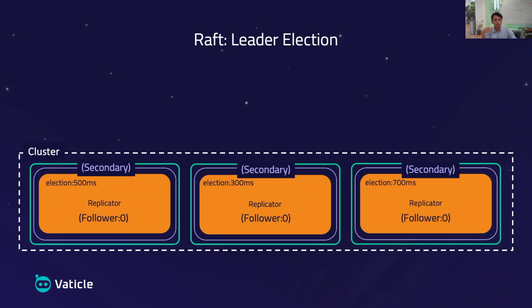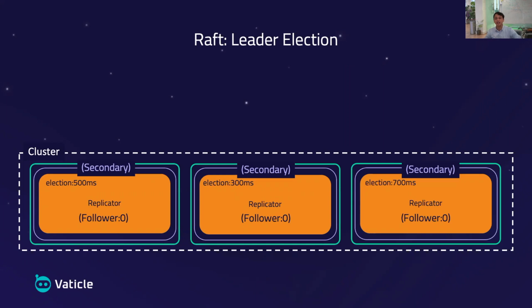So the follower will wait for a specified amount of time, which we call the election timeout. And the election timeout is randomized. In the first server, you see that the election timeout is set at 500 milliseconds. The second server is set at 300 milliseconds, and the third one is set at 700 milliseconds, right? These numbers are randomized in order to minimize the probability of them happening at roughly the same time.